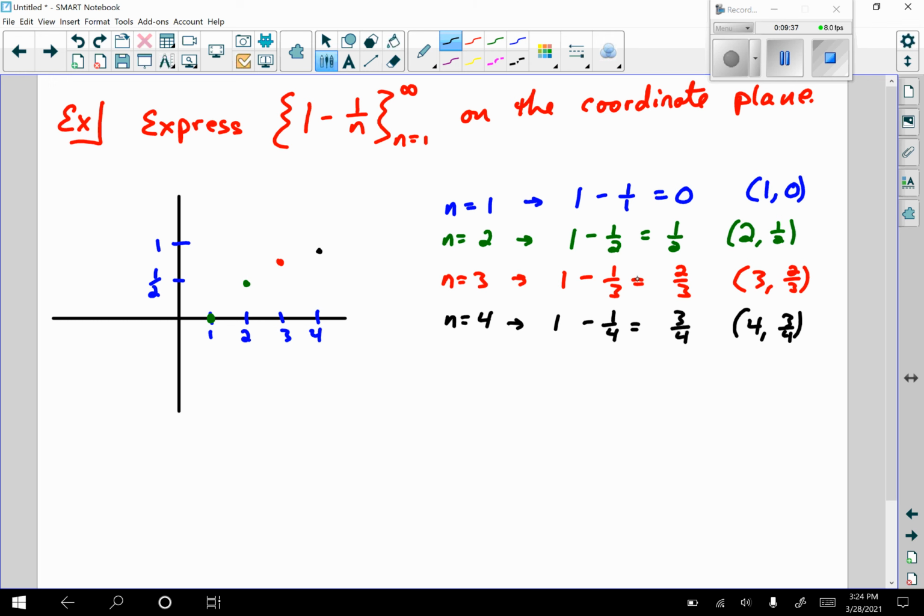But as n keeps increasing, my expression is getting closer and closer to what? To 1. So here, a very important statement to make is that we do not connect the dots.